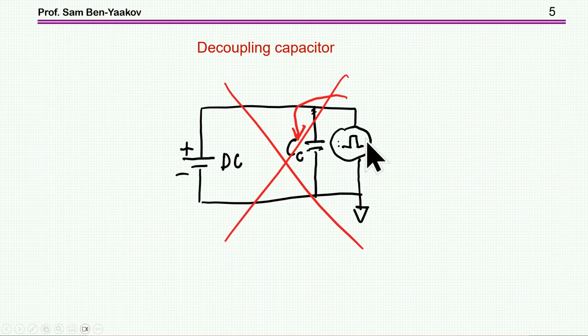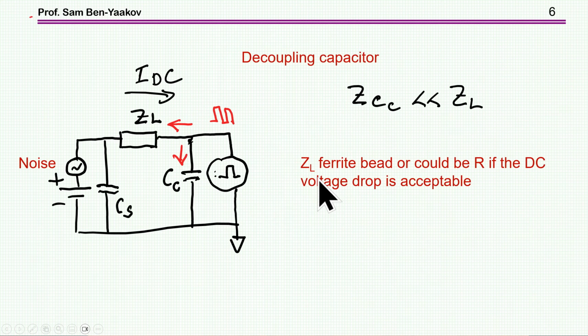So consequently, the injection here, the current, the spikes, the ripple, will still go over here, because this is sort of shunting the capacitor. And you may need an infinitely large capacitor to capture all this current. It's just impossible.